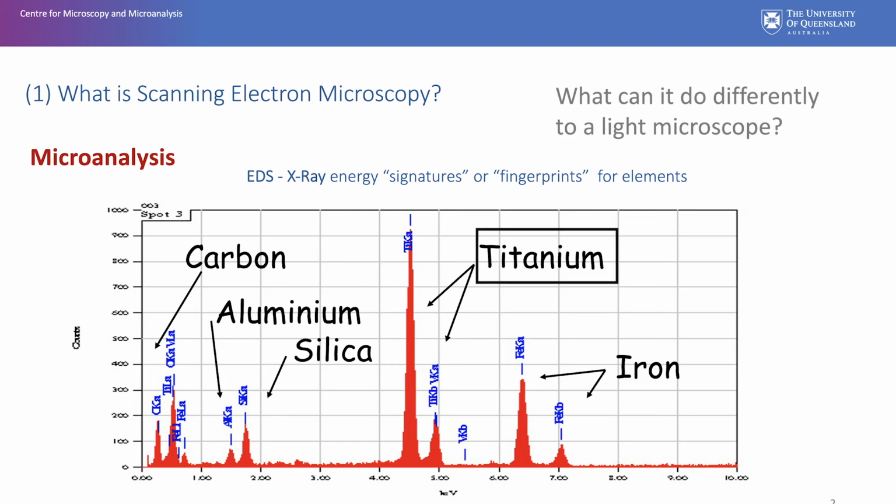So we've got titanium, we've got good fingerprint or signature for that, titanium K alpha, titanium K beta, peaks as we call them, X-rays of particular energies. We've got iron in that compound as well, an iron K alpha, iron K beta. So in a matter of seconds, perhaps a minute, we can very rapidly be sure that we've got those particular elements and these other elements down here in that sample.